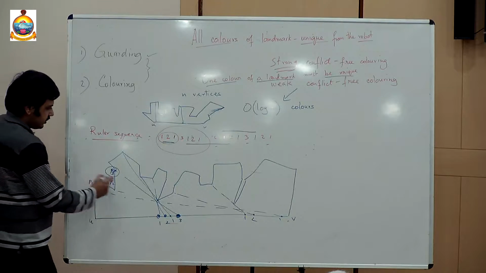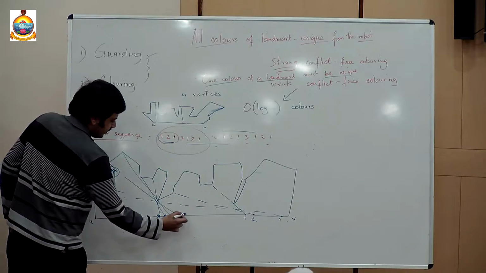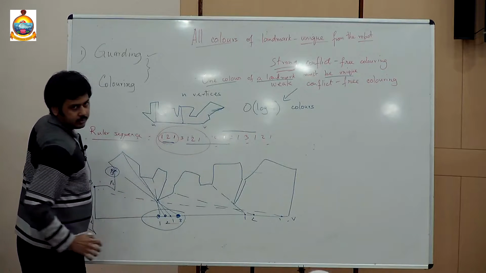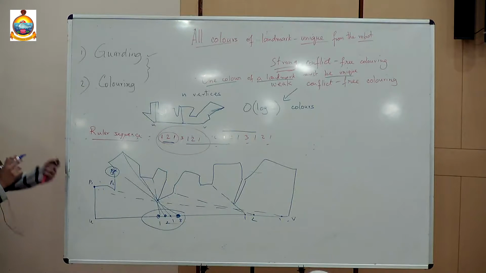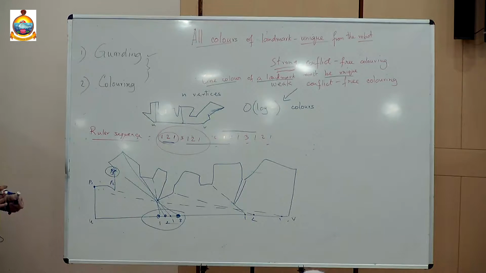And all the guards seen by any vertex pi will correspond to a subsequence of the ruler sequence. So it will have a unique element, a unique color. Others may repeat, but one unique color will always be there.